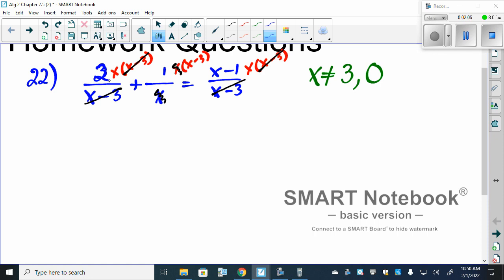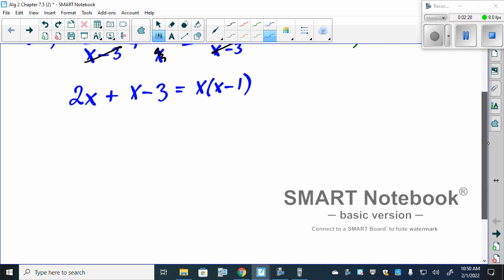Now, if we multiply together what we have left, in the first one here, we would have 2x plus x minus 3 is equal to, here we have x minus 1 times our x.